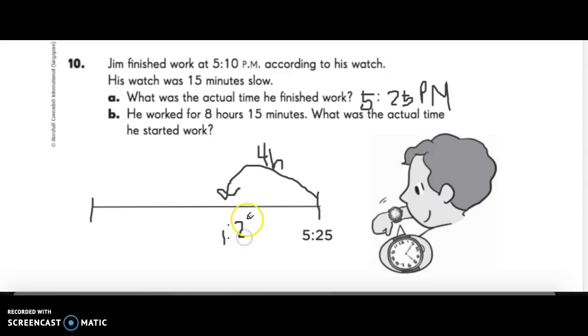Okay, and then we can go another 4 hours to get to, so we're at 1, so 12, 11, 10, 9, 25. And now, we've gone the 8 hours, but we still need to go 15 minutes. Now, if we take a look at this, our time that we're at is 9:25. So if we went back 15 minutes, we'd still be within the same hour. So we can go back the full 15 minutes.